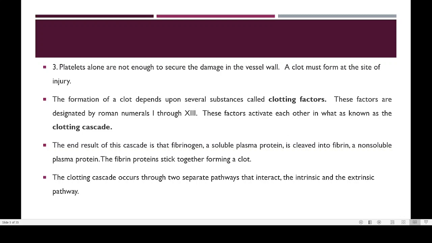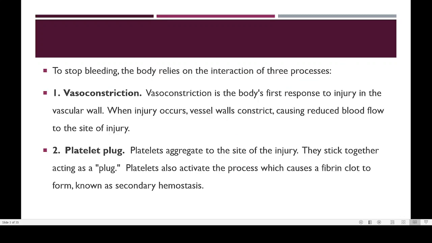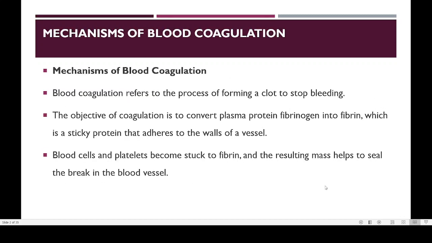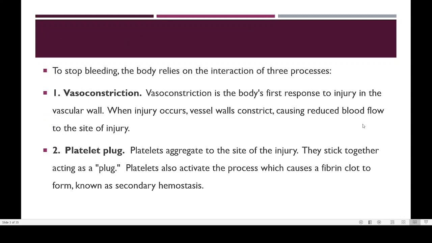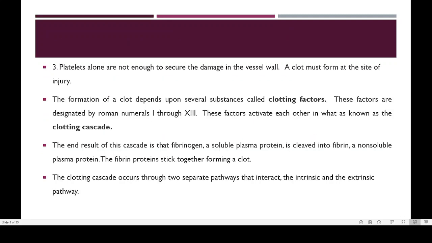Earlier we discussed that the first and major step in any clot formation is that fibrinogen will be converted into fibrin. Now what happens during that process? Though it appears to be a simple process, actually it is a very complicated process backed by several events, and the final step is the conversion of fibrinogen into fibrin.